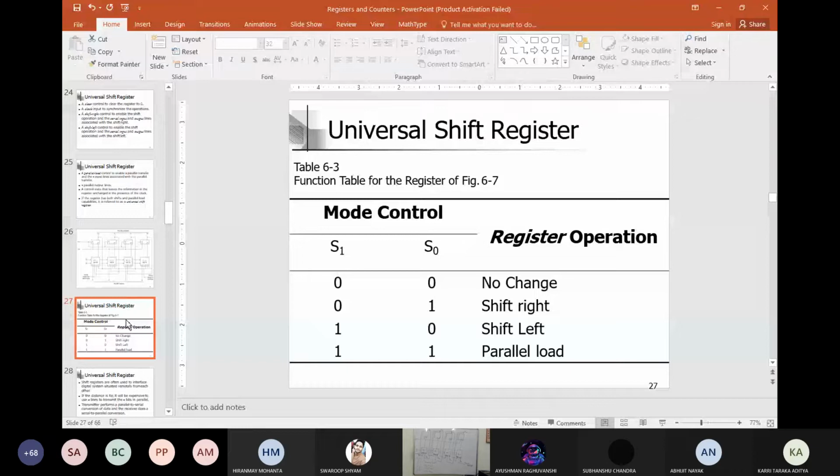Now, apart from this universal shift register, there was a small piece of information, or maybe in an elaborate version, that these registers have some applications or some link with the counters. Counters are already a finished topic for us, isn't it?